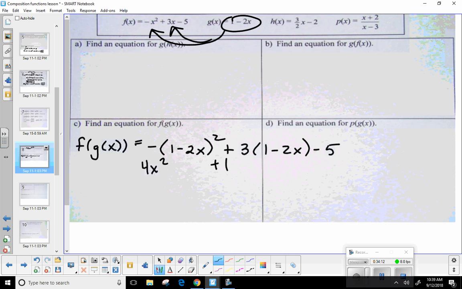Wait, when you square the middle, just multiply. Yeah, so double the middle, multiply the two terms together, and then double that. Multiply these two. Yeah, so 1 times negative 2x, and then double that. Oh, okay. All right. Yep. There we go.